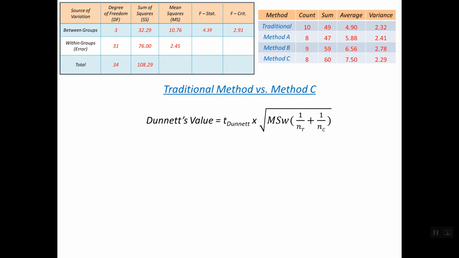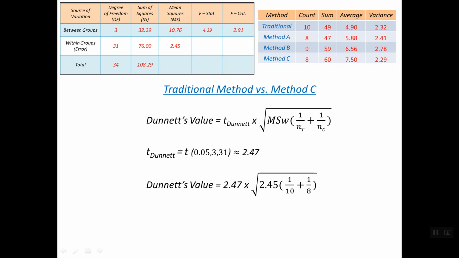The same way for the last comparison between the traditional method and method C. This is the formula for Dunnett's value. This is the value of t for the Dunnett test, about 2.47. If you substitute, this is the t, this is the mean square within, or the mean square for the error.